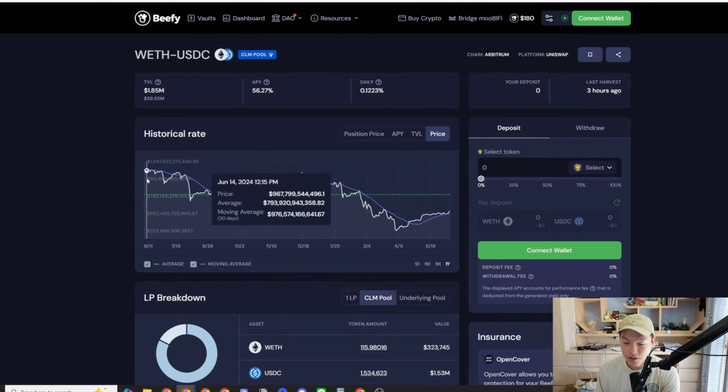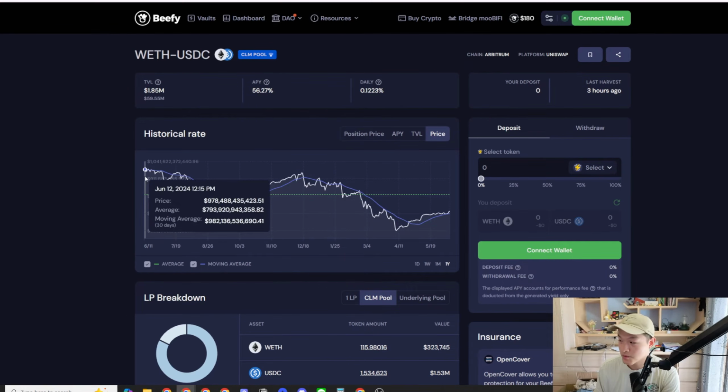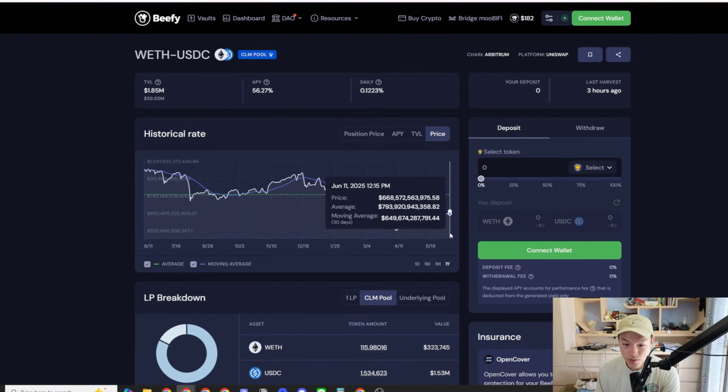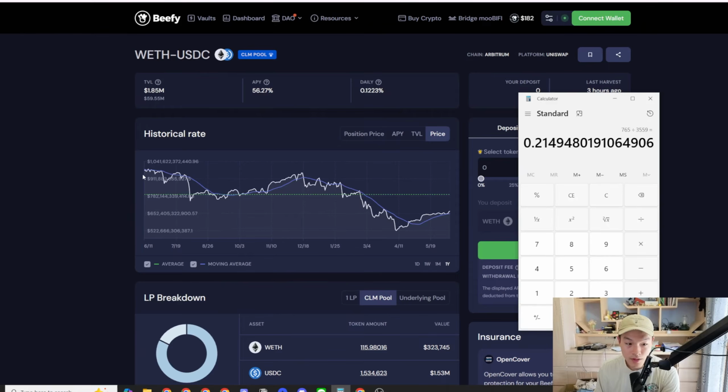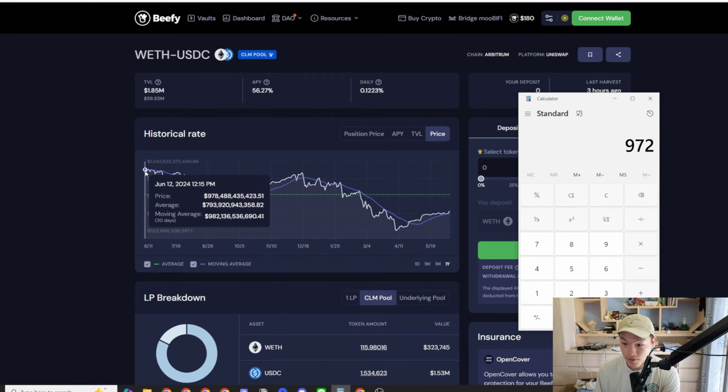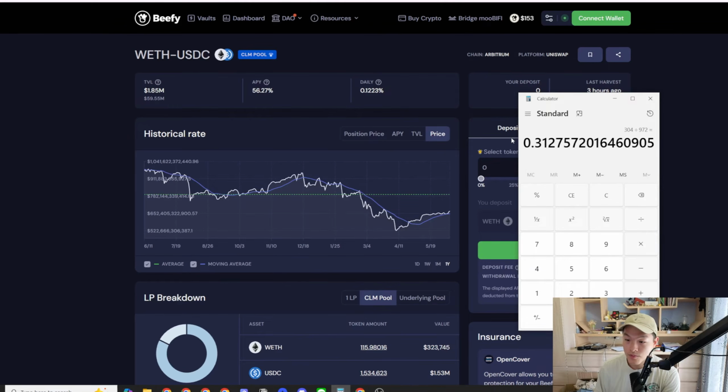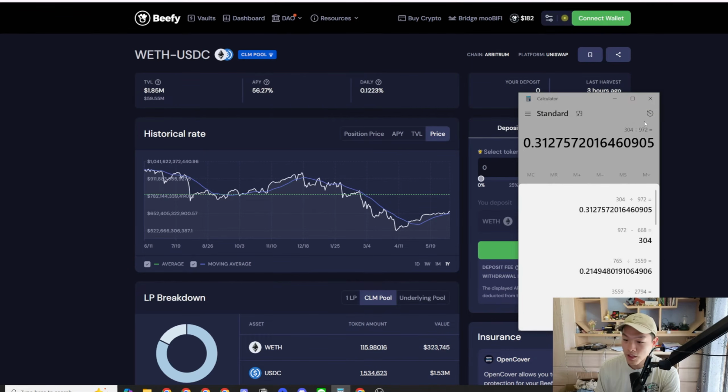But if we look at this price chart again, it's just completely horrible. You start here at 972 billion and it has moved all the way down to 668. So if we take the front three numbers, 972 minus 668 is 304, divided by 972. Your loss would have been 31% if you were yield farming rather than just holding your Ethereum or staking your Ethereum.